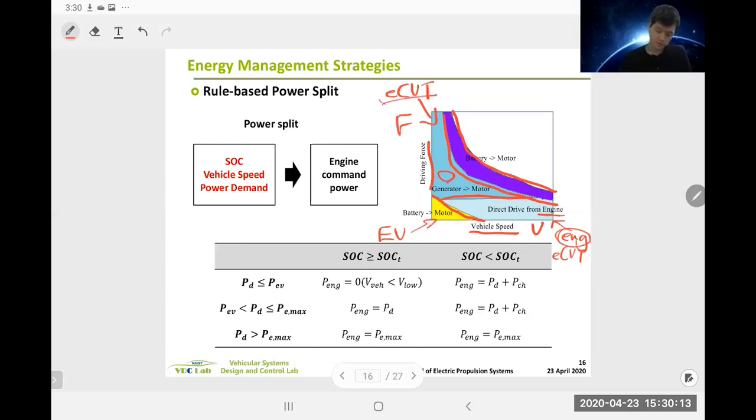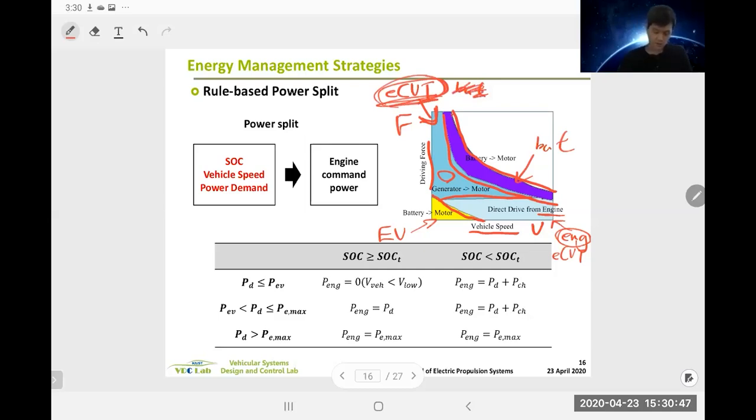And this one, usually the battery has to help, right? And then this purple part is, oh, I'm sorry, this is the part the battery supports. And this part is actually ECVT mode, okay?